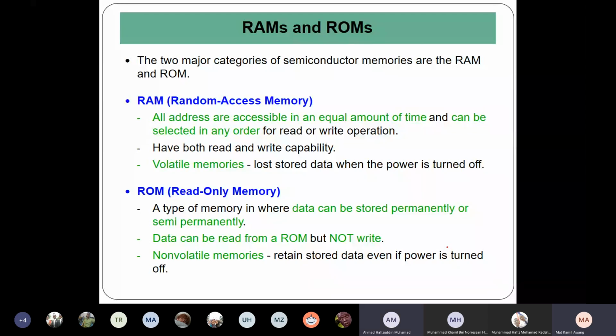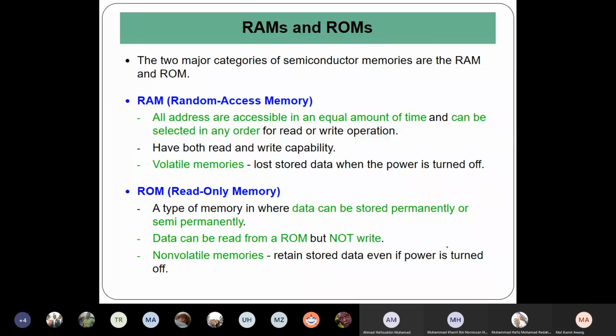Right, sir. So that is actually the RAM. It's random access memory. Random access memory, basically all addresses are accessible in an equal amount of time and can be selected in any order for read or write operation. It has both read and write capability, and it is a volatile memory.